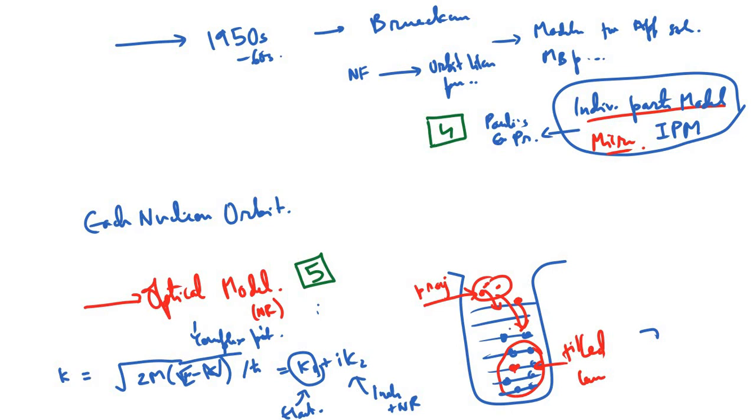However, the states which are higher in energy, say for example near the surface, what happens when a projectile comes? Let us consider the projectile to be a single nucleon or a group of nucleons. During a nuclear reaction, the projectile interacts with a target. So this is my projectile and this one is my target.